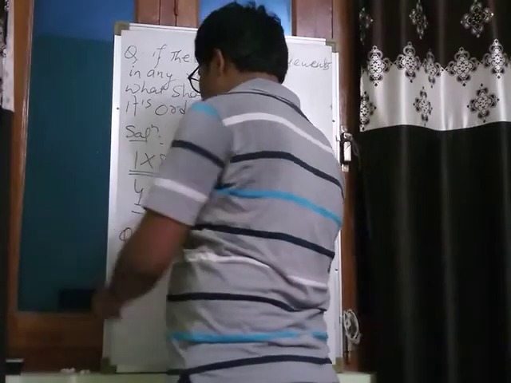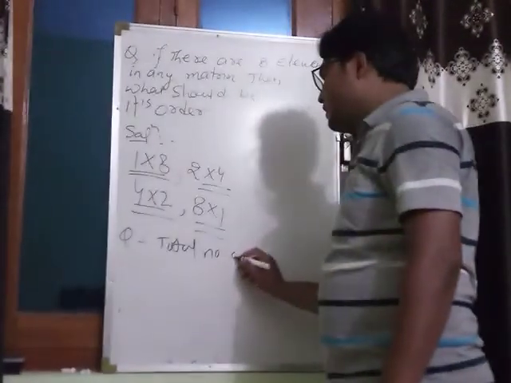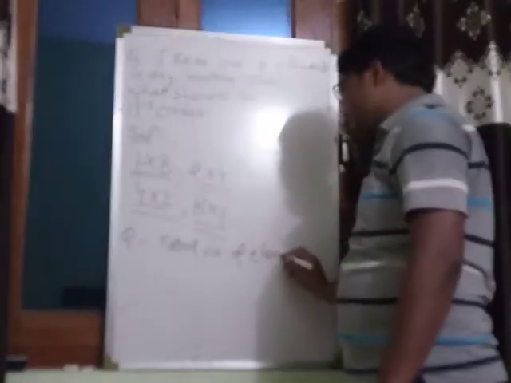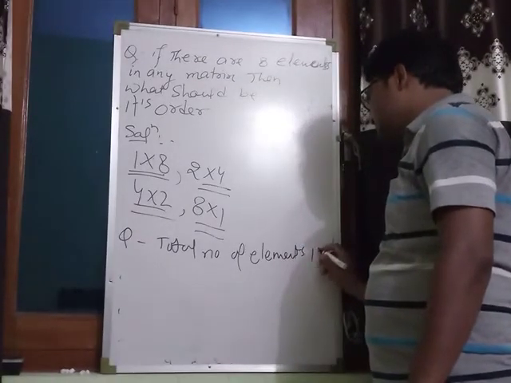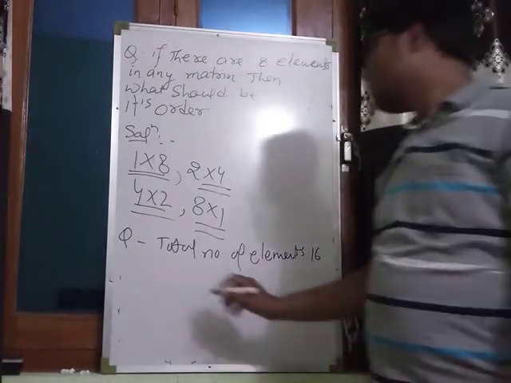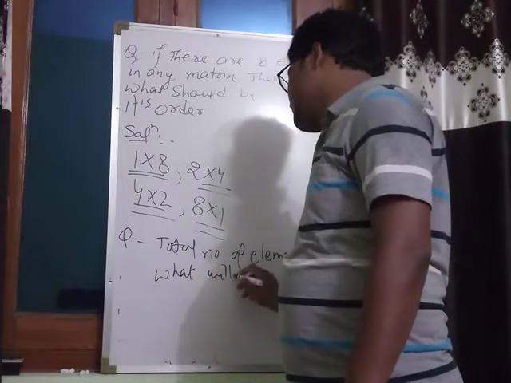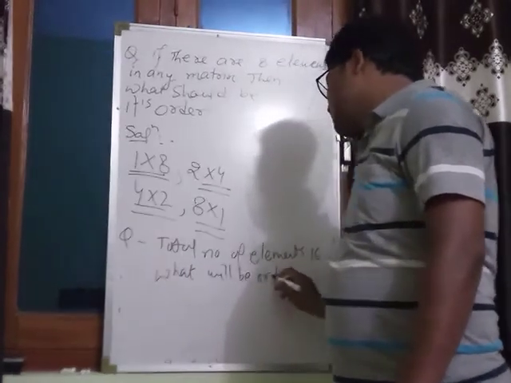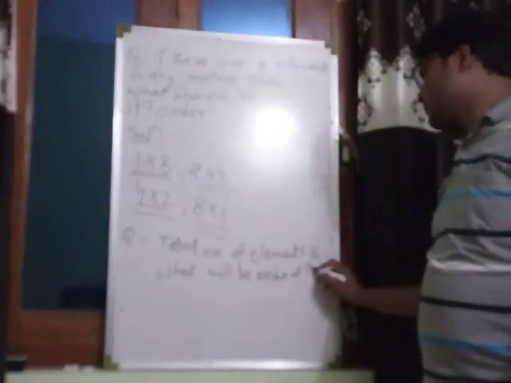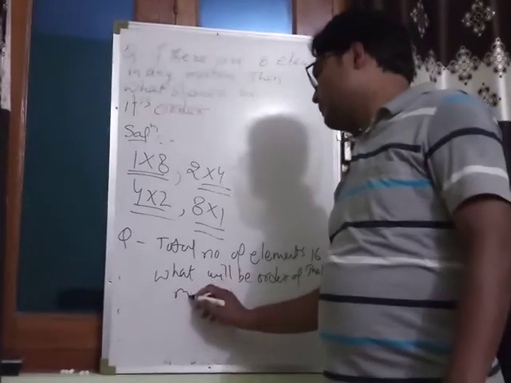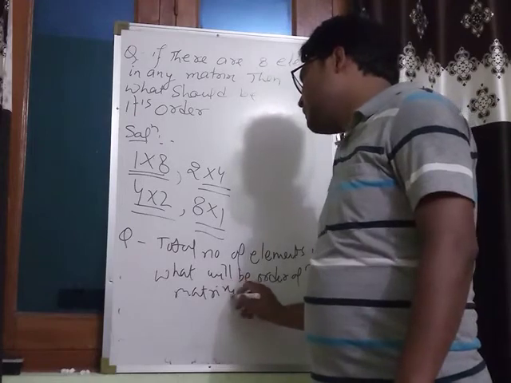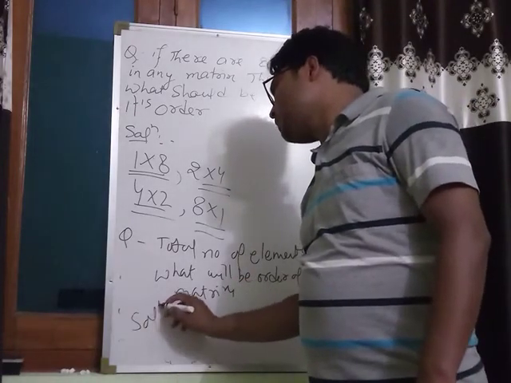यहीं पे एक क्वेश्चन हो कि टोटल नंबर ऑफ एंट्रीज, टोटल नंबर ऑफ एलिमेंट्स 16 है. What should be their order? What will be order of that matrix? क्या हो सकता है बताओ, क्या क्या हो सकता है?